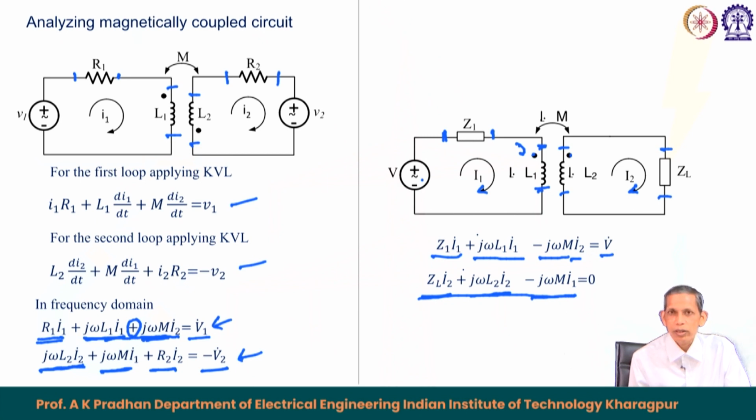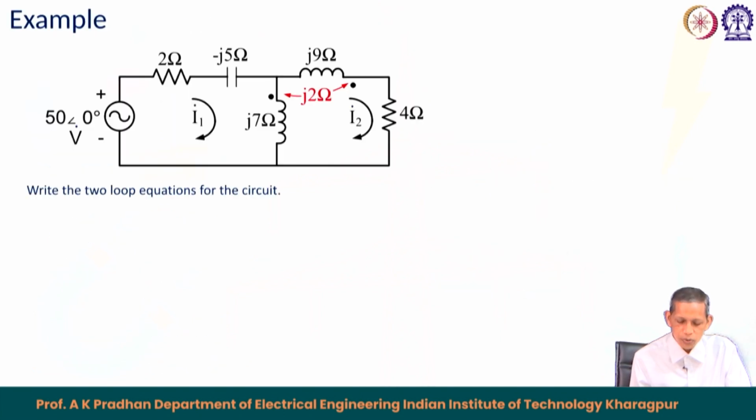For mutual component it is not the current of the associated circuit, it is the current of the coupled circuit. So, we will proceed for a few more problems to discuss in this lecture, so that you can comfortably write different equations for different such coupled circuit problems.